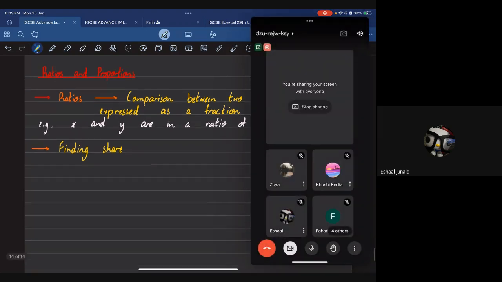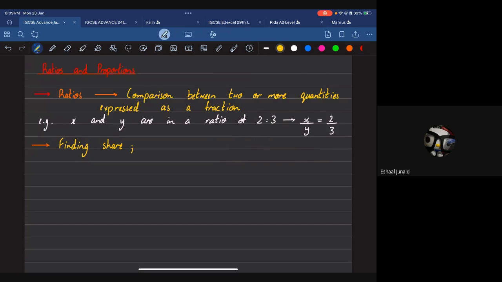Whenever we're trying to find the share between these quantities, we are going to utilize this formula, which states that the share of the ratio, whatever ratio it is, is equal to the ratio itself over the sum of ratios, times the total amount being shared or being compared, whatever it is.